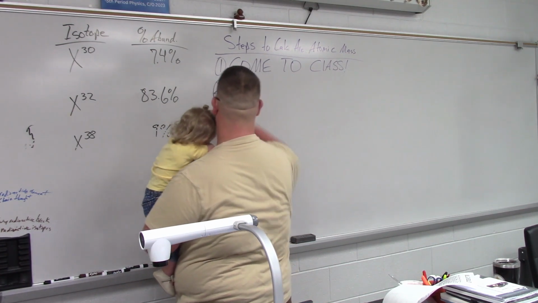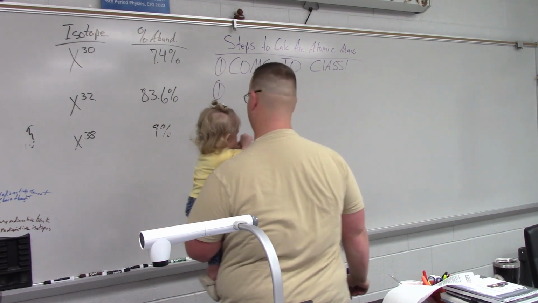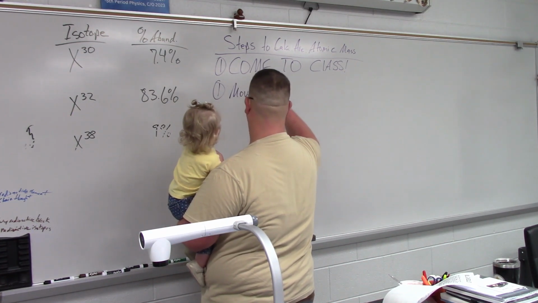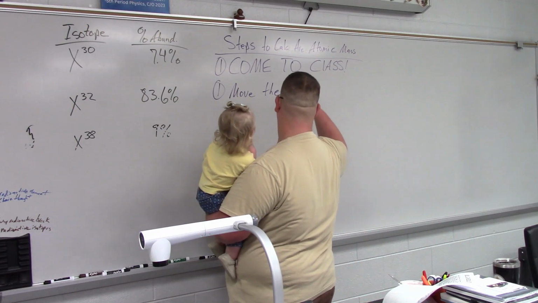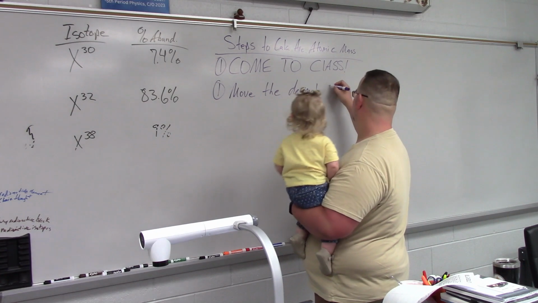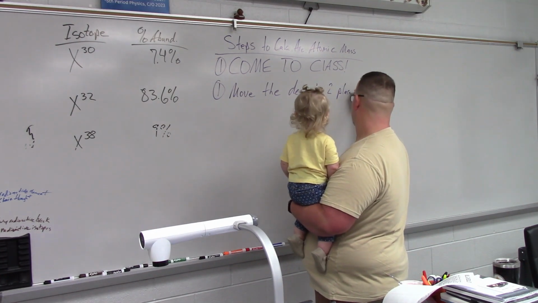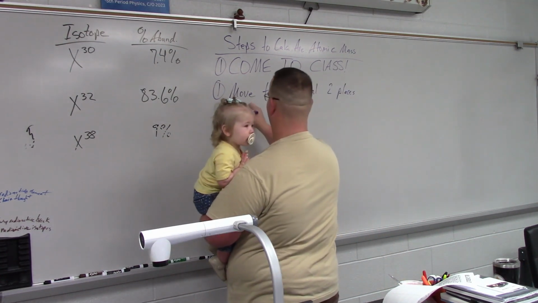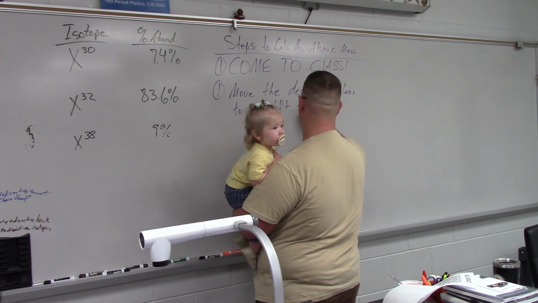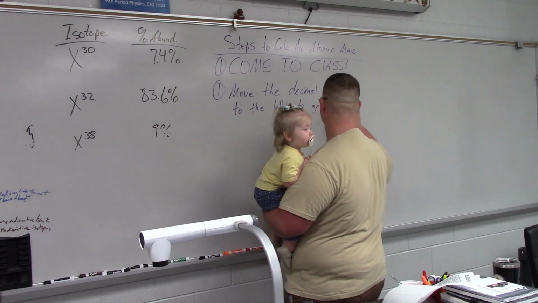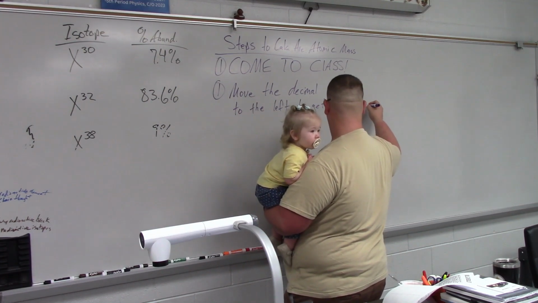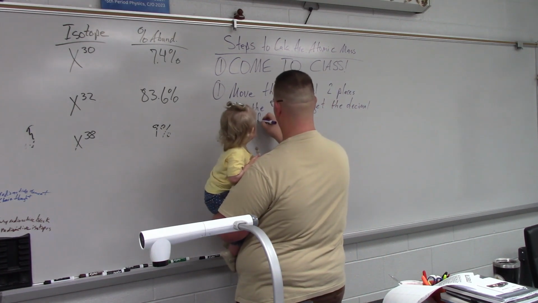So, step one, really. Why are there 2 step ones? You have to do them both at the same time. Move the decimal 2 places to the left to get the decimal of percent abundance.